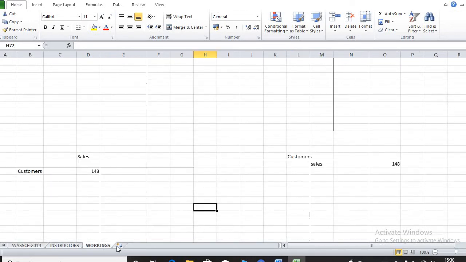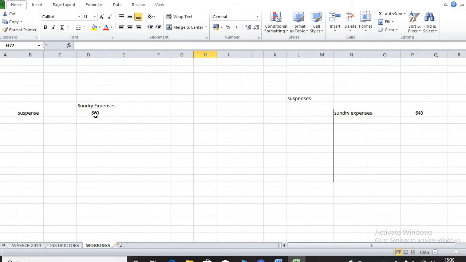So let's go to our workings. We open the sundry expenses account, then open the suspense account. We debit the sundry expenses account in the name of suspense with an amount of 640.